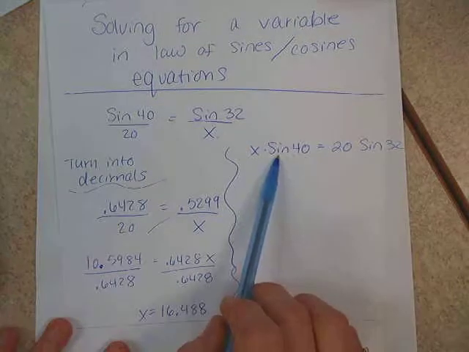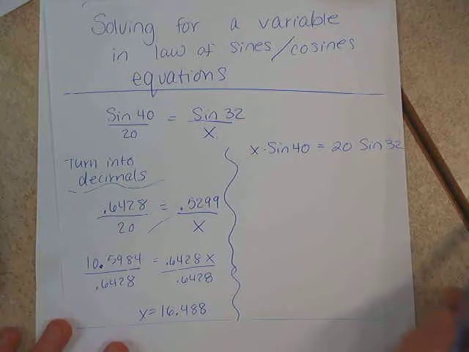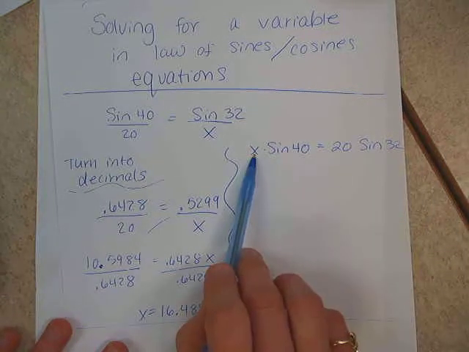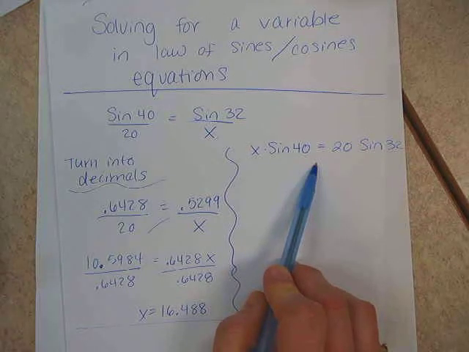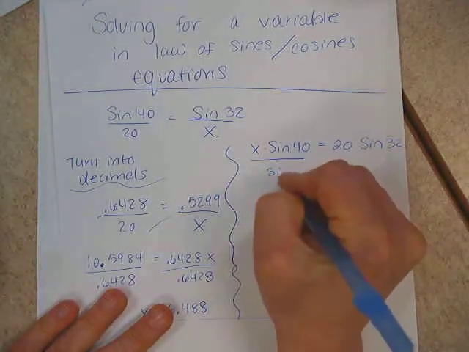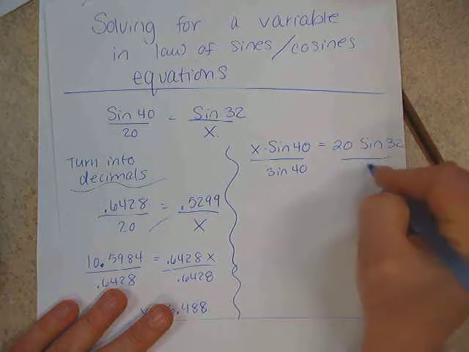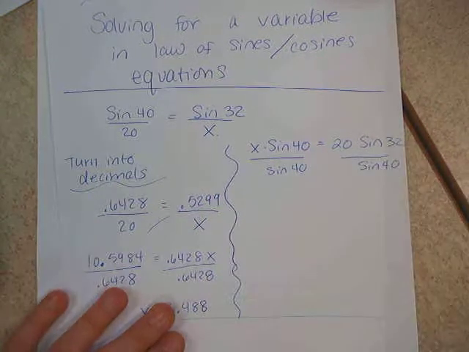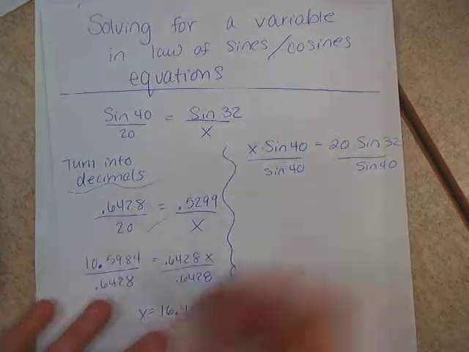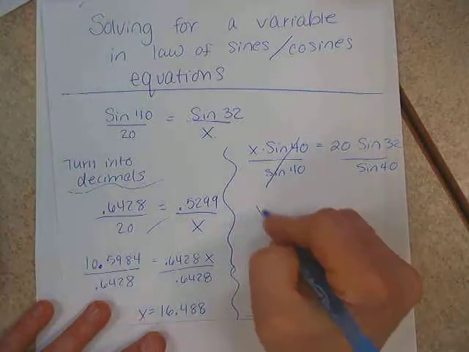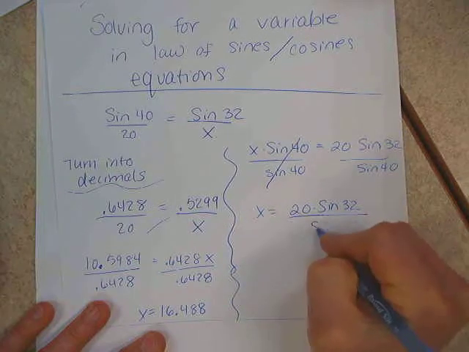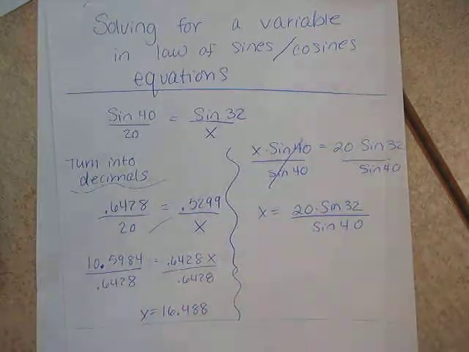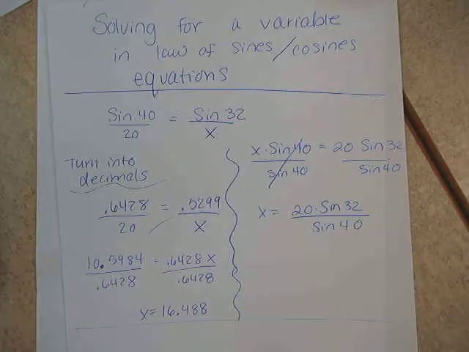Notice I'm putting the whole number first, so you don't mistakenly do the sine of 32 times 20. In order to get x by itself, I'd need to divide out the sine of 40, right? So we're going to divide the sine of 40 on each side. So x is 20 times the sine of 32 divided by the sine of 40.